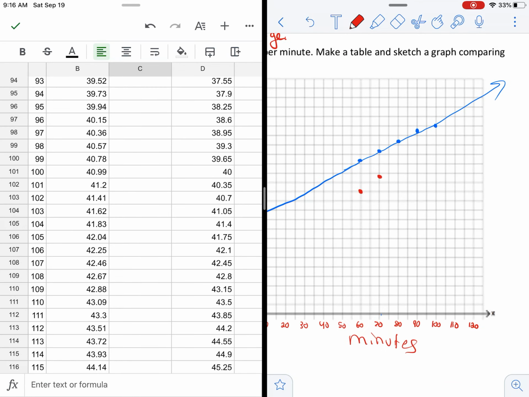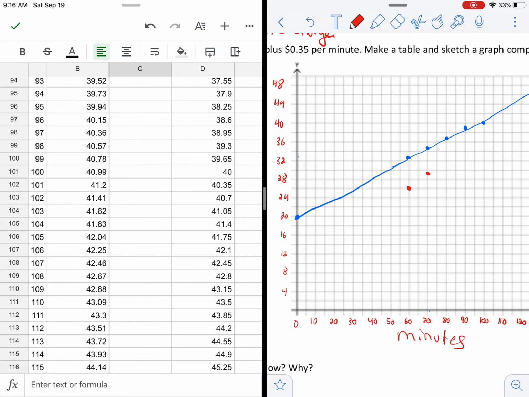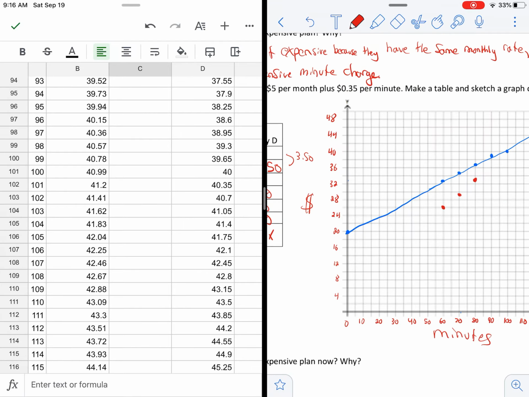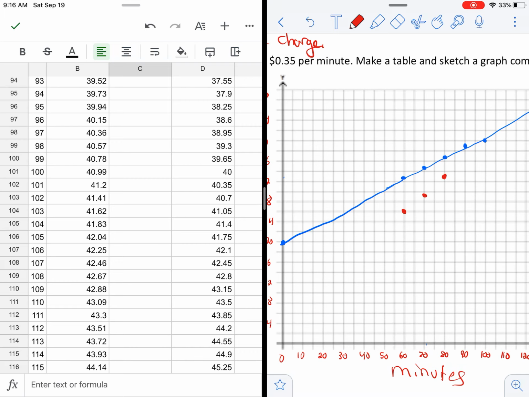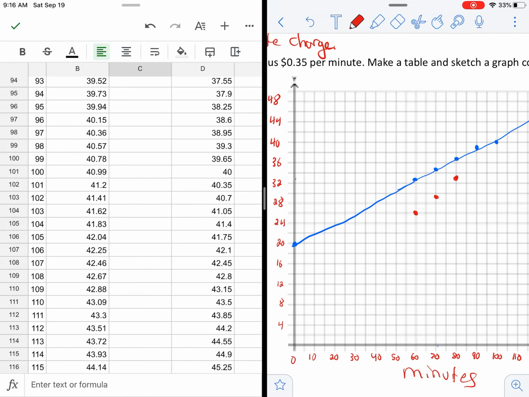Then it goes to 33. 32, 33 is going to be that halfway mark right on the dot. Then it goes to 36.50, which will be somewhere on the low side right here.